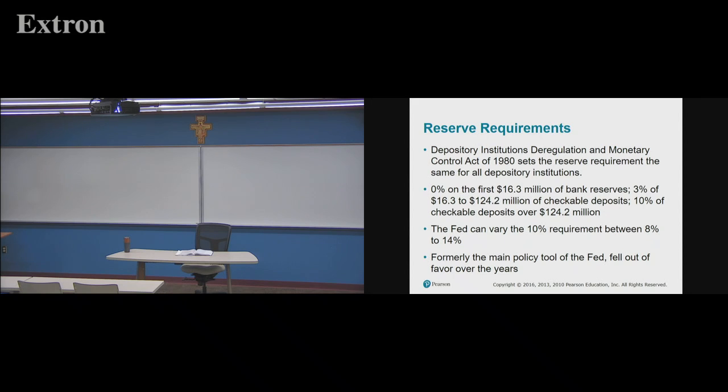So currently, the reserve requirements, your textbook is actually slightly out of date on that. The reserve requirements are 0% on the first $6.3 million of bank reserves, and then 3% from $16.3 million to $124.2 million on their checkable deposits, and then 10% on checkable deposits over $124.2 million.